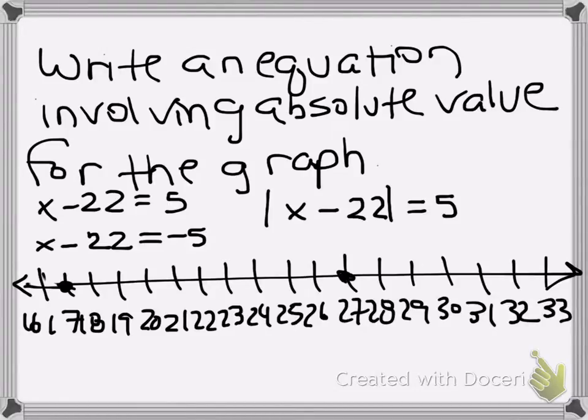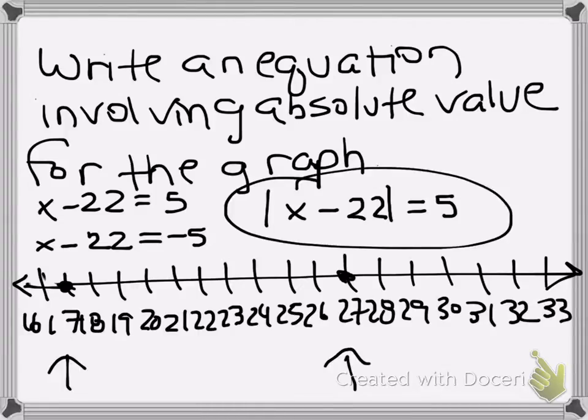And when I add 22 to negative 5, I get 17, which is my two answers that I need to have. So the equation is going to be |x minus 22| equals 5. And really, you can use any two numbers here as long as you're getting the higher value as your first answer, which would be 27. Okay, so that is the end of Lesson 2.5.